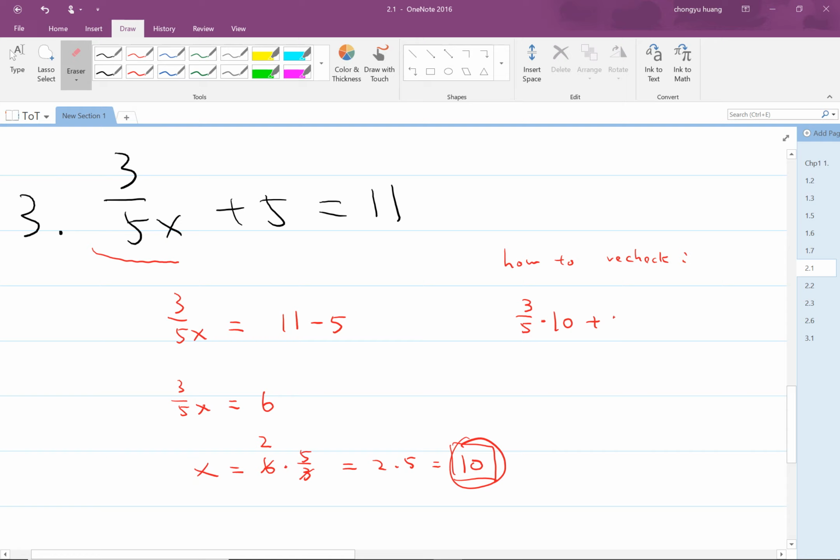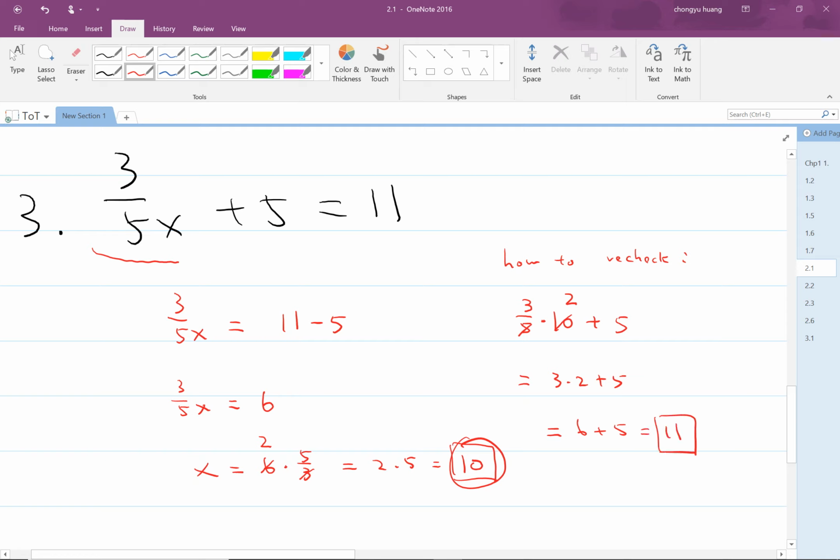Let me erase it, it's a little bit messy. And then you plus 5, and we have to simplify a little bit. So 5 gets cancelled, and 10 becomes 2, so it's 3 multiplied by 2 plus 5. 3 multiplied by 2 is 6, and 6 plus 5 is actually 11, right?